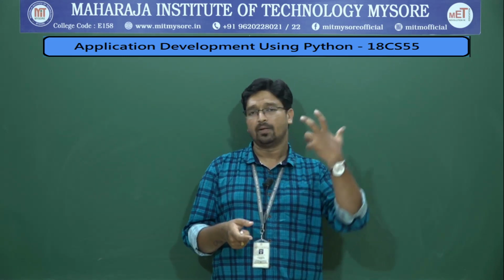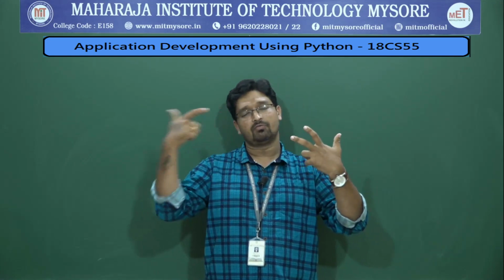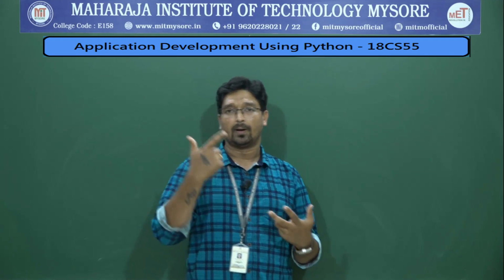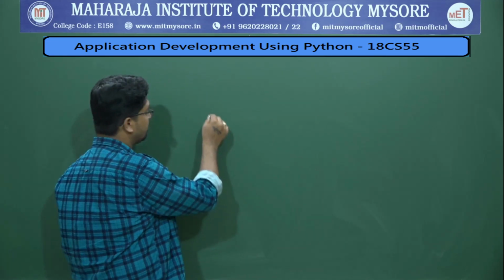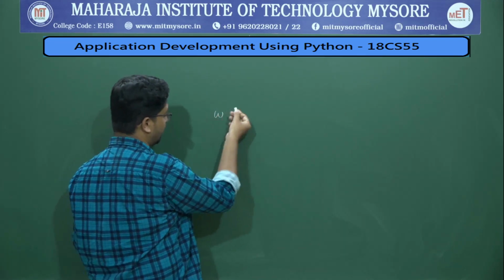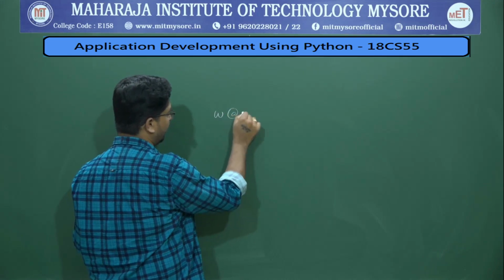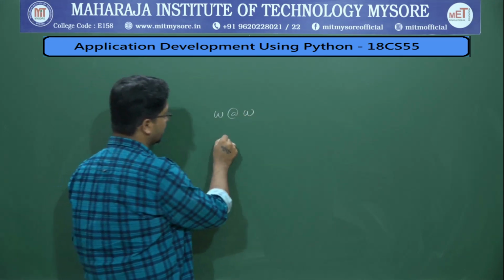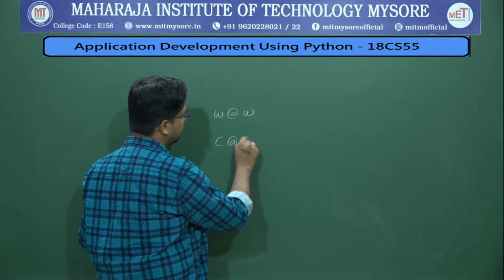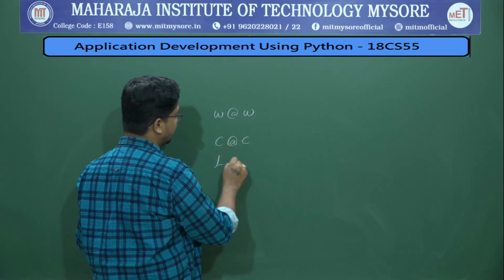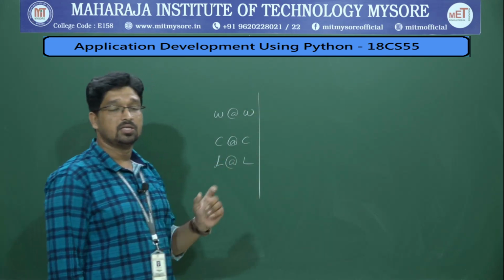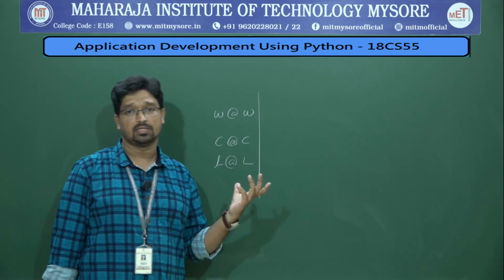In general I can say there is a word, an @ symbol, followed by more text. So this is the general syntax of email IDs. How do you identify email IDs? Letters, @ symbol, some characters, or let us say letter @ symbol letter. This is how you identify email IDs.